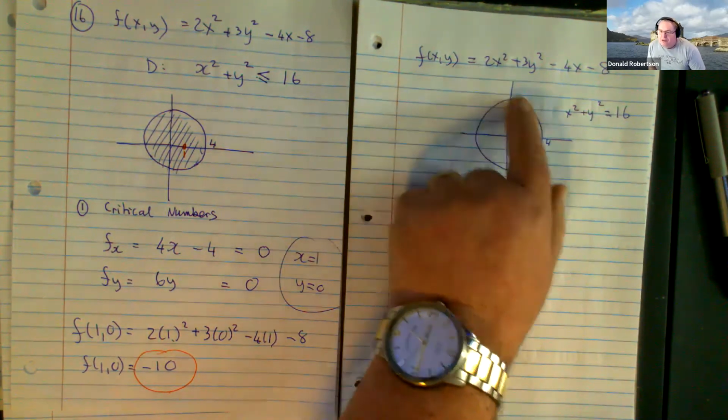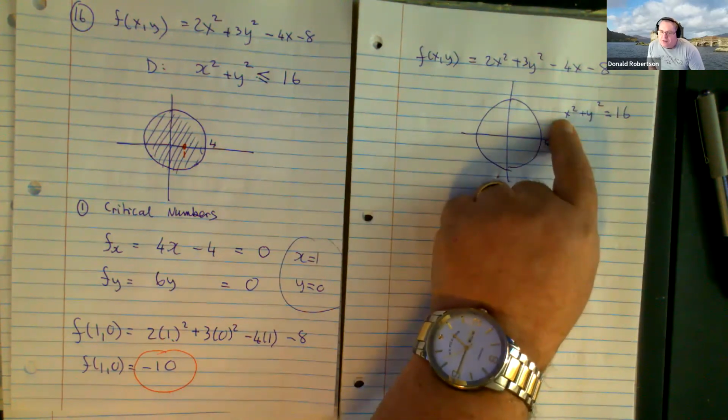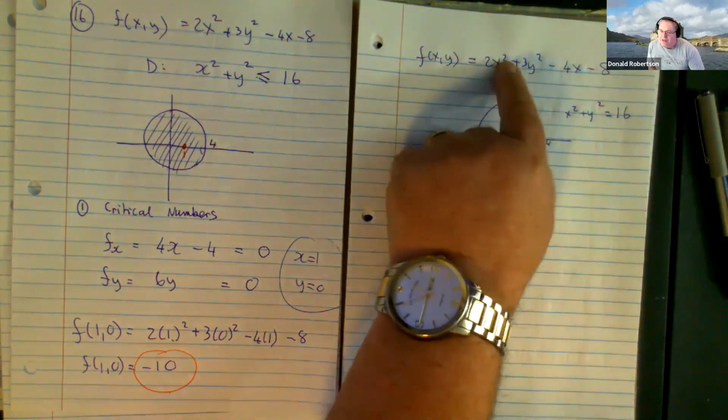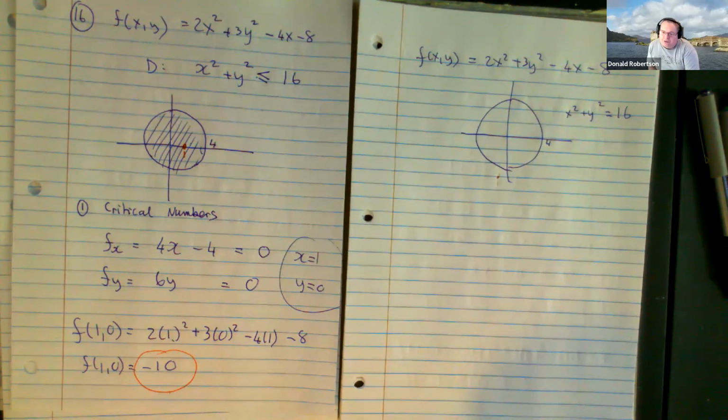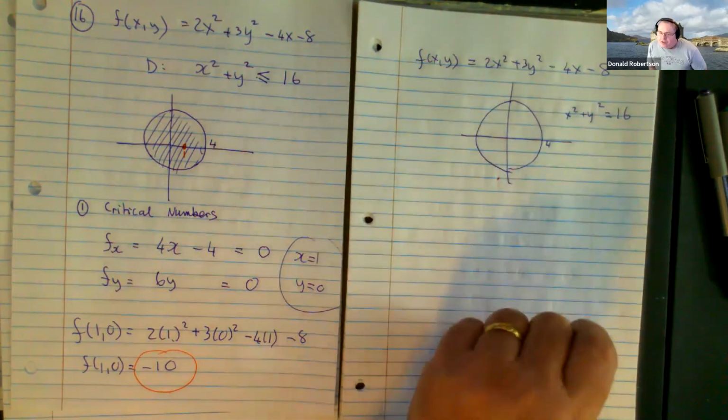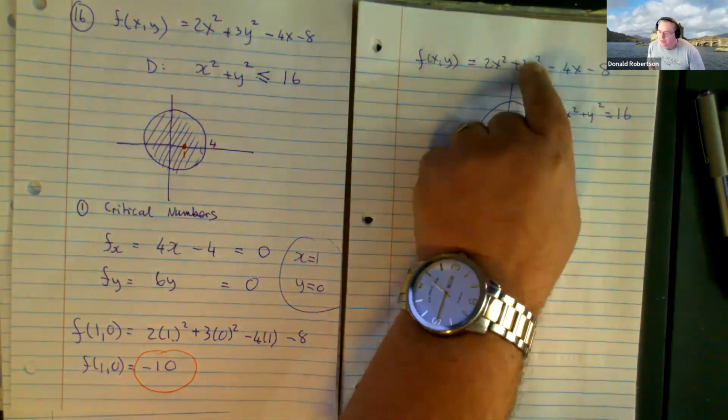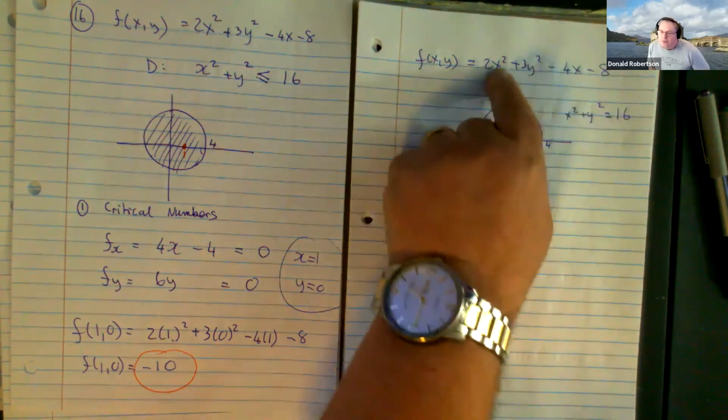So I am going to take this equation and use it with this function. I'm going to try and see if there's any way that I can put them together and eliminate one of the 2 variables. So the trick is to make the y disappear or make the x disappear and only have 1 variable.